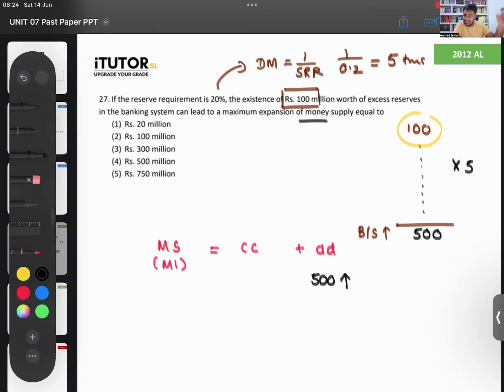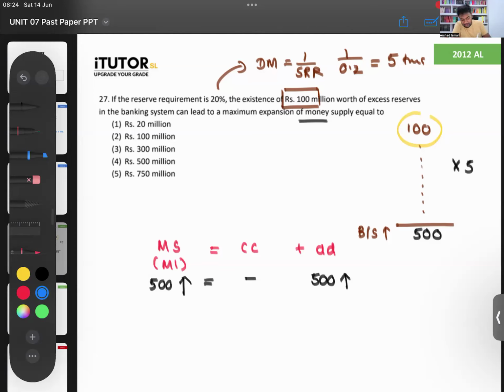It's just that there is an excess reserve in the banking system. They are not talking about any deposit or withdrawal. So therefore, my currency held by public will not change. As a result, money supply will also increase by 500 because CC does not change. Most of you all miss that currency held by public part. So which one is your answer? Your answer could be number.